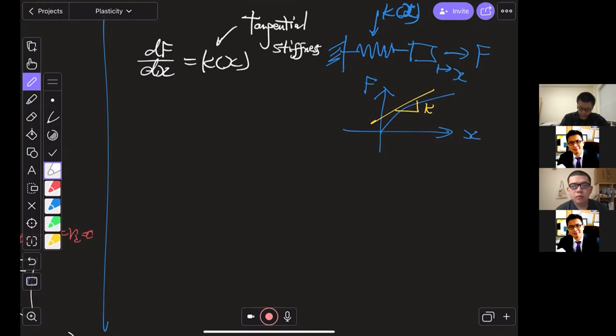Okay, it is tangential stiffness because that stiffness only makes sense for a given x. There is no one bulk modulus, one shear modulus. There are infinite of them. Depends on what your strain is, you get a different stiffness.